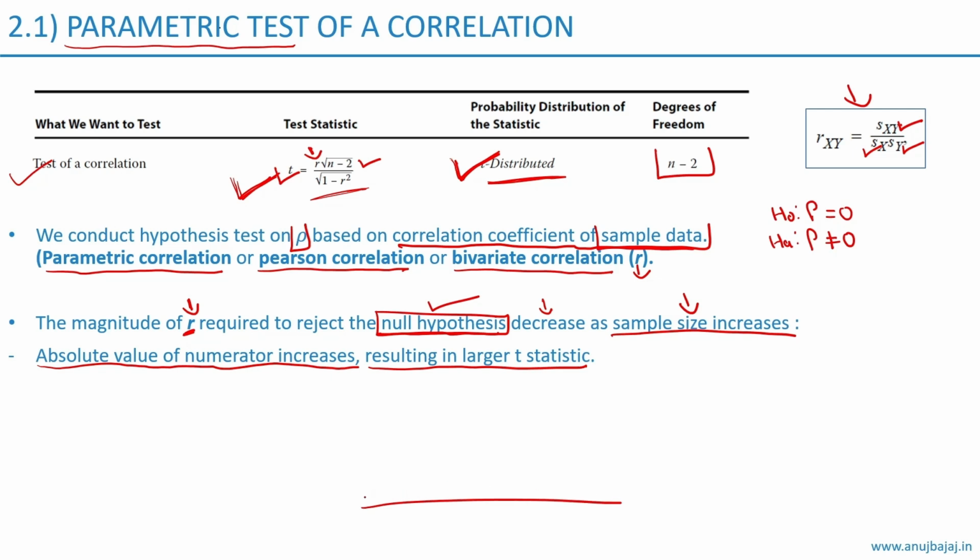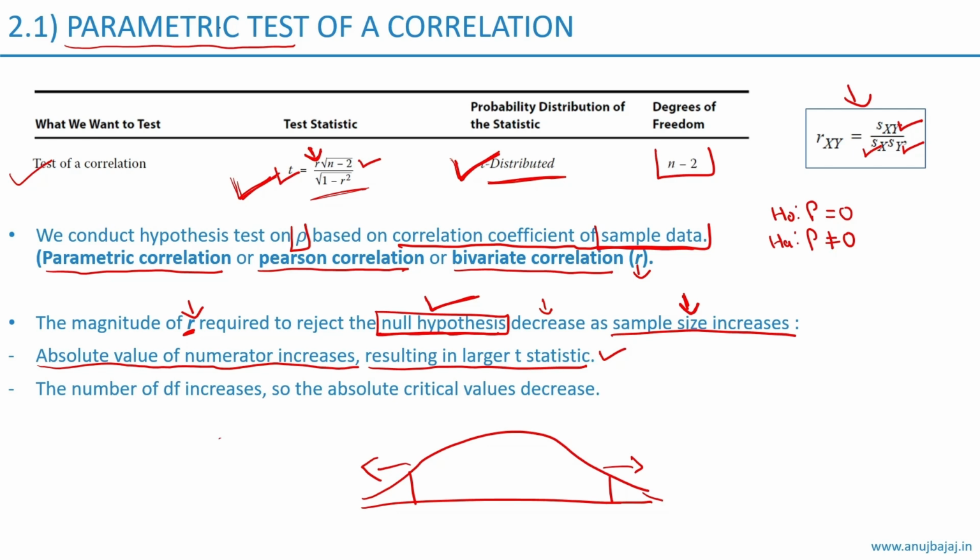Suppose this is the t distribution of the test statistic, and these are the critical values. As the absolute value of the test statistic increases, it means that the test statistic now lies in the extreme regions, in the rejection regions. So when the sample size increases, we can reject the null hypothesis even if we have a small sample correlation. So this is the first reason.